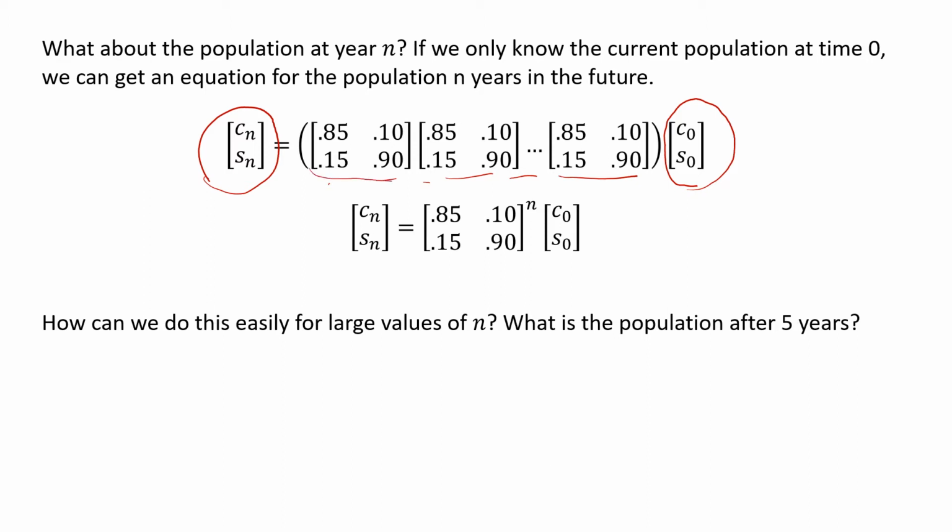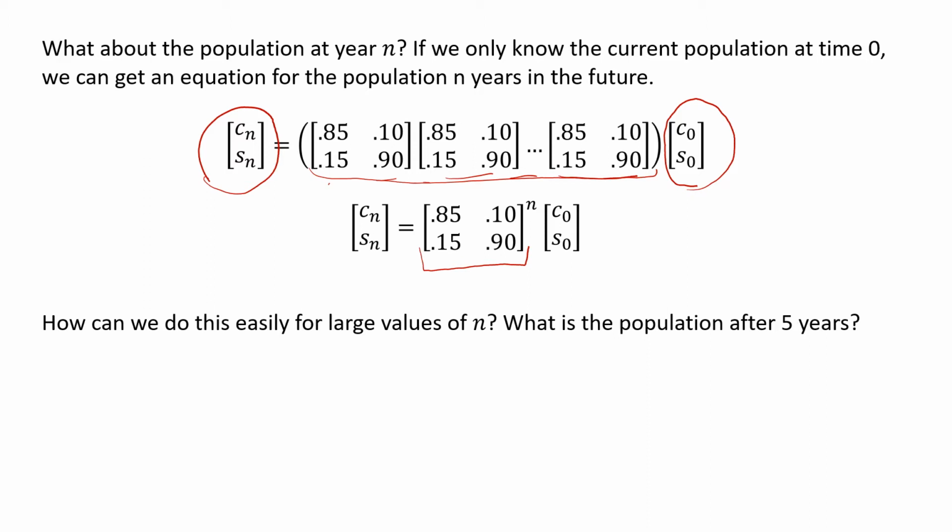Now, just multiplying by the matrix that many times is the same as raising the matrix to a power of n. So that's multiplying the matrix together n times. The problem is that is a very expensive computation, especially if you have large matrices. It takes a long time to do that computation.